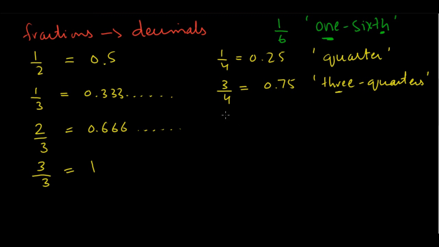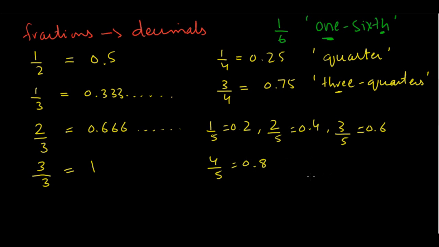Going to fractions with denominators of 5. So 1/5 is 0.2. 2/5 is double of that, 0.4. 3/5 is triple of 0.2, 0.6. 3 times 0.2. Then 4/5 is 0.8, right?